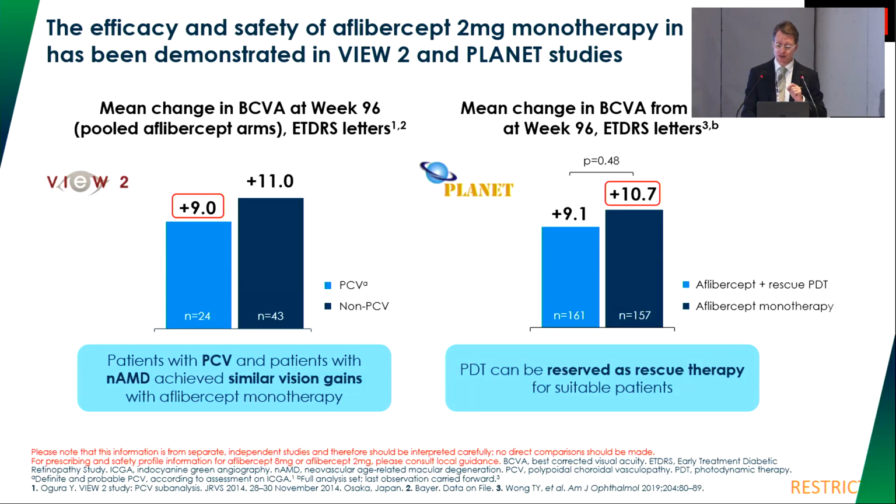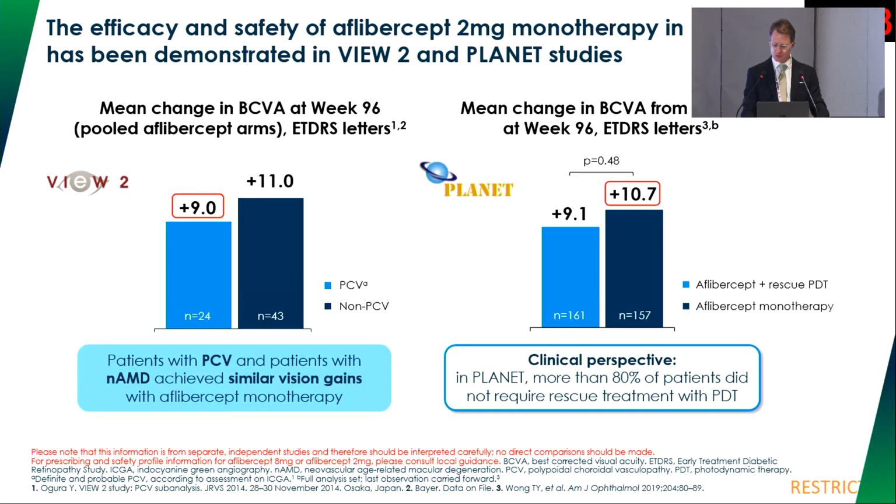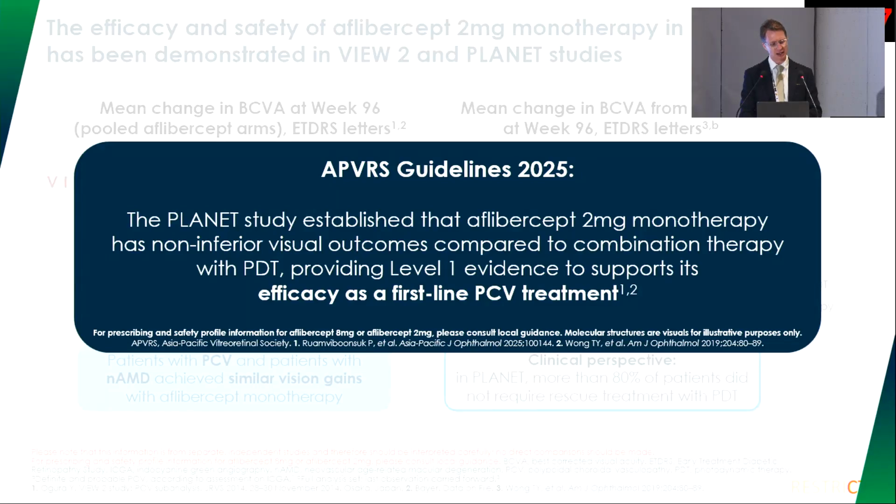But what was interesting is that monotherapy worked just as well, and numerically slightly better than the combination with photodynamic therapy. This meant that more than 80% of patients didn't require photodynamic therapy, and led to APVRS releasing the comment that this level 1 evidence supports its use as the first-line treatment in polypoidal choroidal vasculopathy.